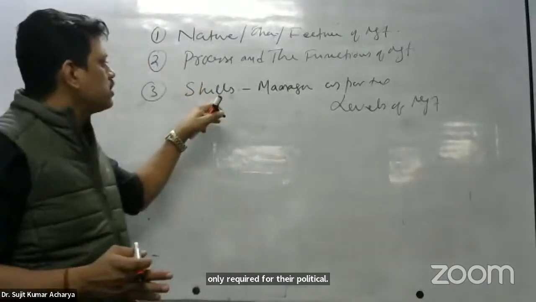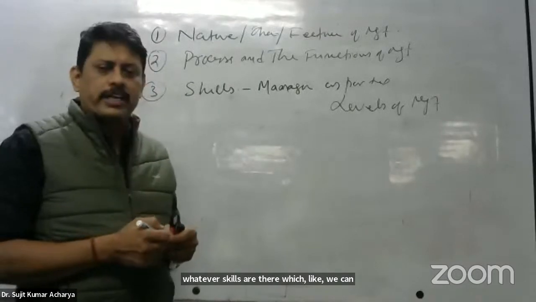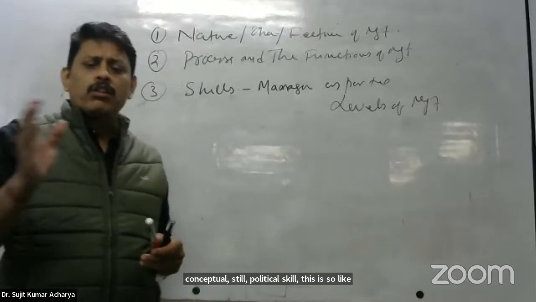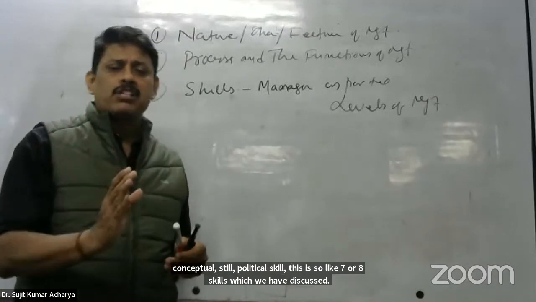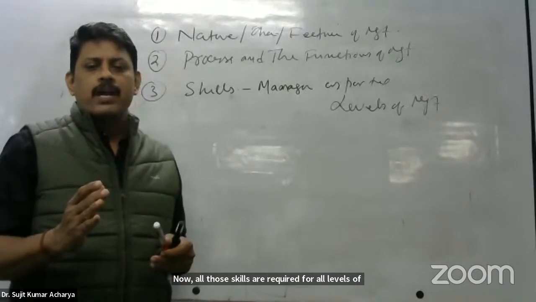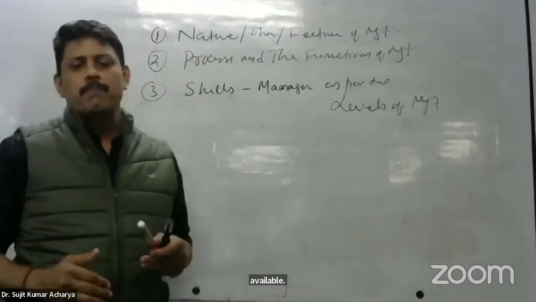Whatever skills we have discussed, like conceptual skill, political skill, there are 7 or 8 skills. All those skills are required for all the levels of management. But when you are working in the top level, certain skills will become prominent.